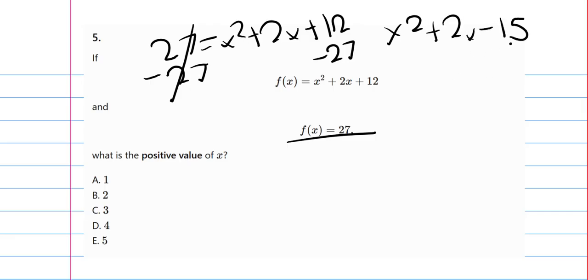And now we're going to think of two numbers that multiply to negative 15 and add up to 2. The factors of 15 are 3 and 5, and maybe 15 and 1. Those are the only numbers that factor out 15, but we're finding the numbers that add up to positive 2 but multiply to negative 15.